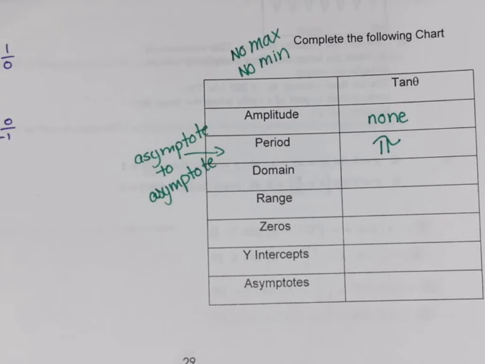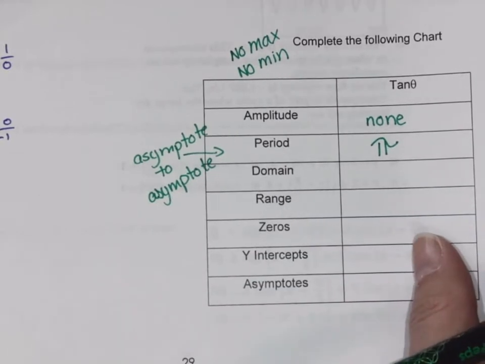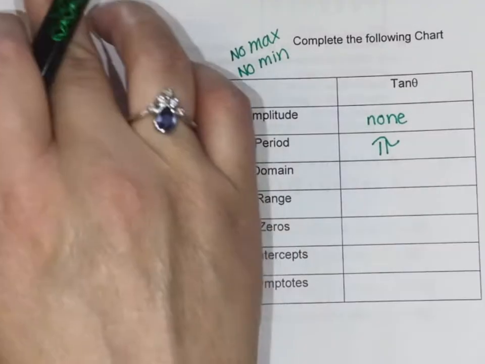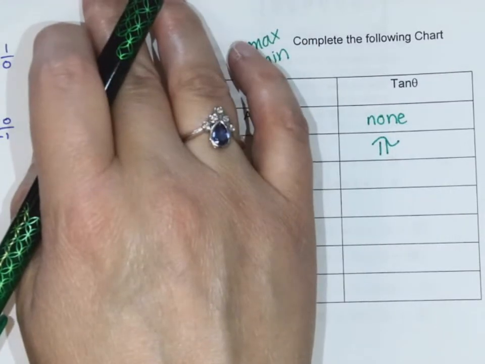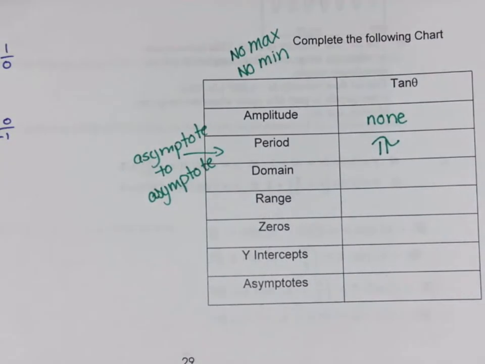Domain of this graph. Nope. This is the domain that is given, that's a domain restriction. What's the domain of a tangent graph? You could do that, but there's some problems. If we do it, the domain doesn't exist. Where does the domain not exist? At the asymptotes. So let's write a general solution for the asymptotes.